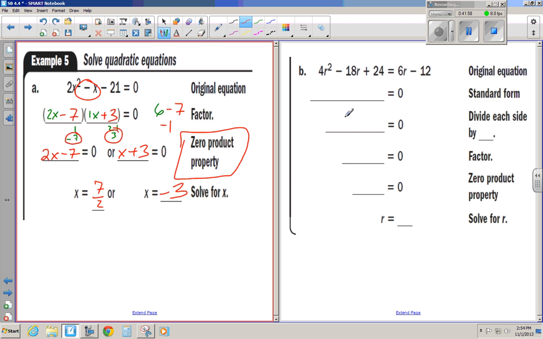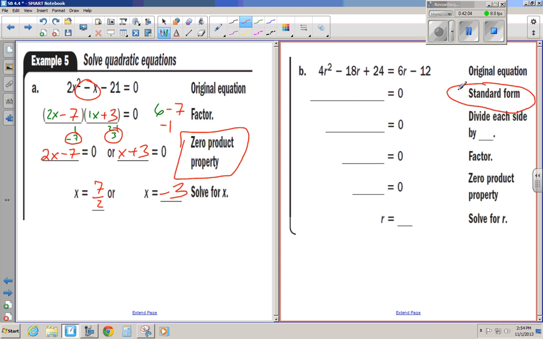All right, this next one. We have to make it equal to 0. It has to be in standard form. So I subtract 6r from both sides. I add 12 to both sides, and you get that. You then divide each side by 4. You're basically factoring a 4 out of there. Now look, perfect square.